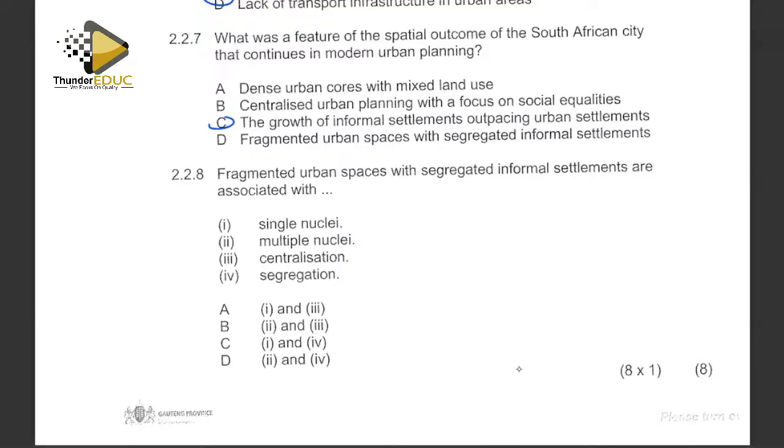Fragmented urban spaces with segregated informal settlements are associated with, is it multiple nuclei or single nuclei? Basically, if it's fragmented, it has multiple nuclei. And if it has segregated informal settlements, there's segregation there. So it's item 2 and item 4, which is D.